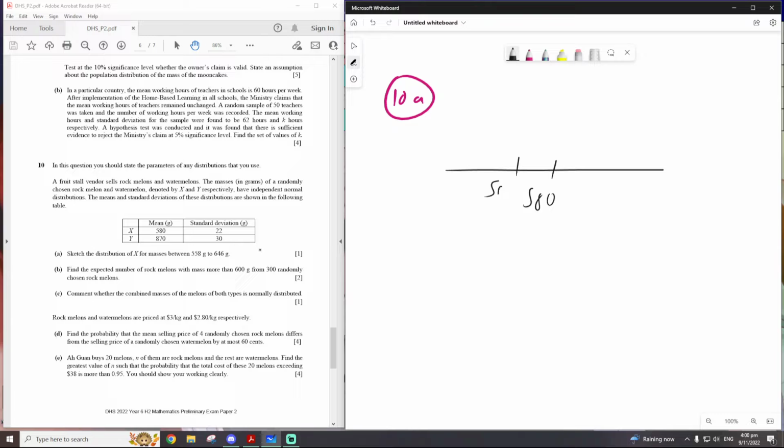This is 558. And this is 646. So it will peak here, and it will go towards 0 here, and it will also go towards 0 here. Something like that, if I can get the curve down correctly.